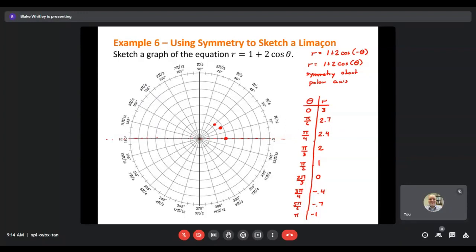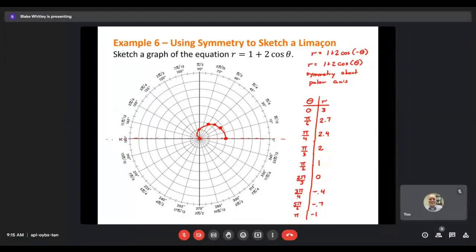Pi over 3, we've got 2, so that's right on the second circle. Pi over 2, 1, right here. Then 2 pi over 3, 0. Remember, 0 automatically hits here. So I'm going to go ahead and connect these just so I don't lose track now. So we get something like this.